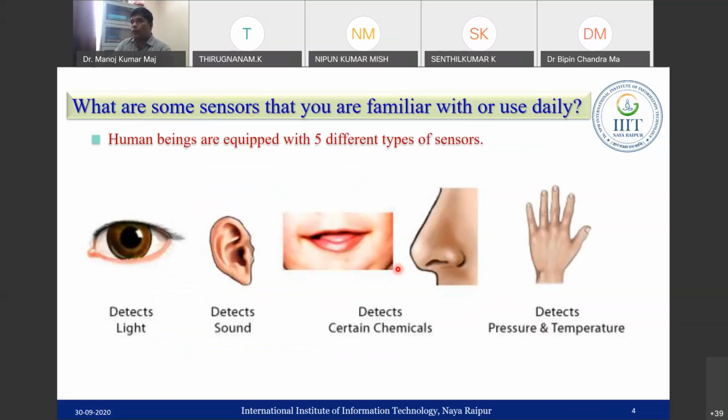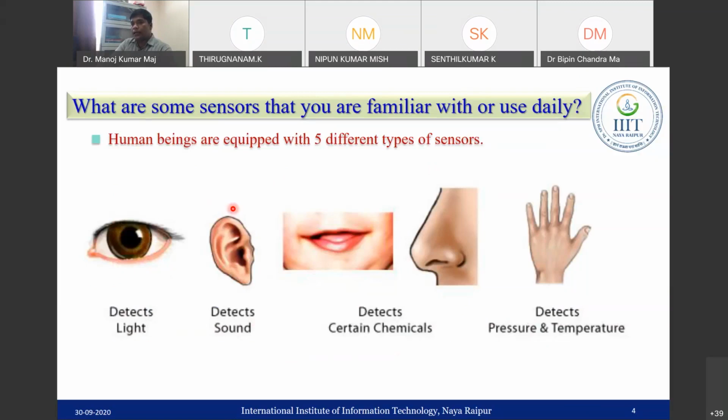Now, these are some of the sensing parts that are familiar in our daily life. In our human body, there are the nose, ears, hands, fingers, and tongue. All these can work as a kind of sensor. Our eyes detect light, so they can be used as a sensor.